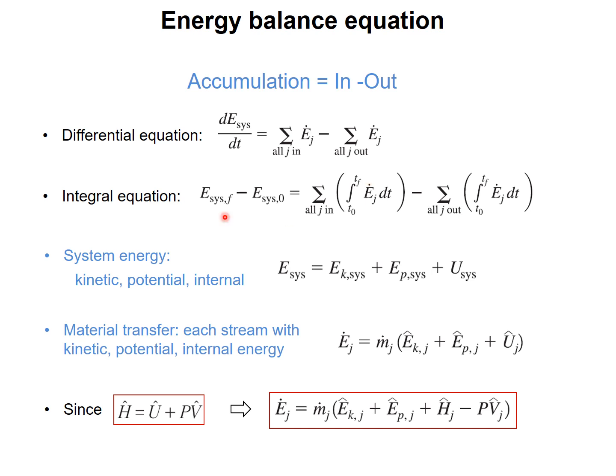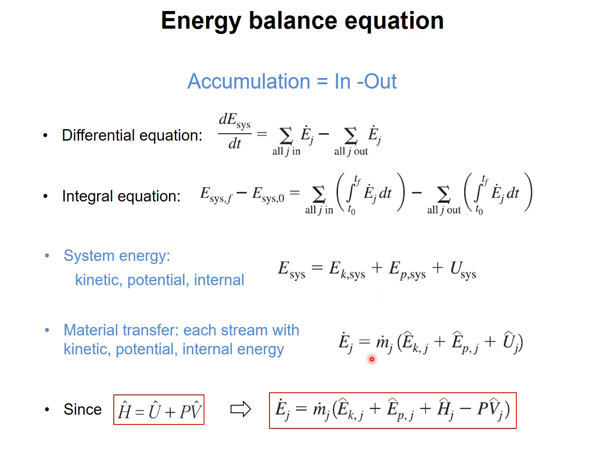The system energy consists of three things: kinetic energy, potential energy, plus internal energy. For the chemical processes, this internal energy term is a very important thing. However, for some mechanical processes, kinetic and potential energies are important.